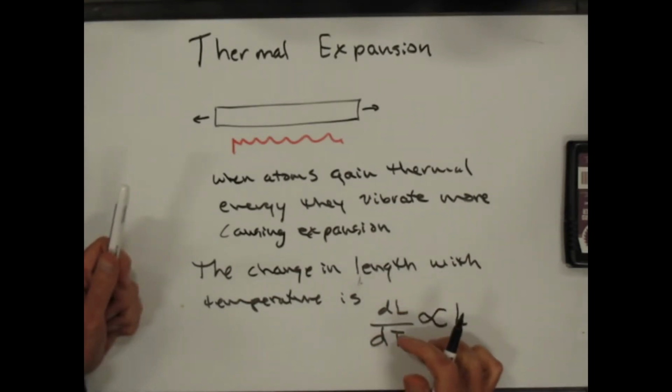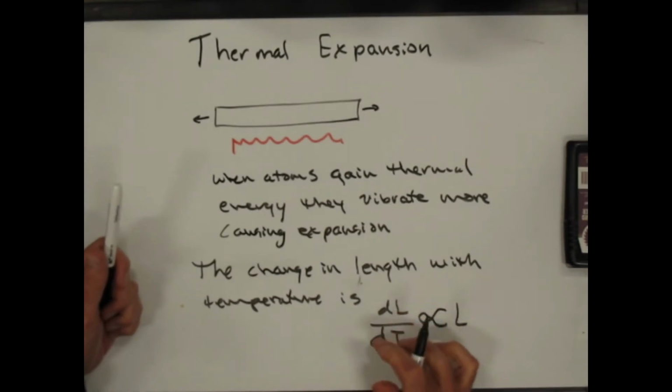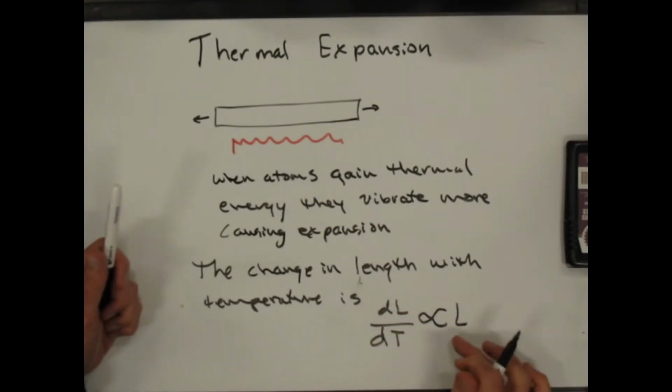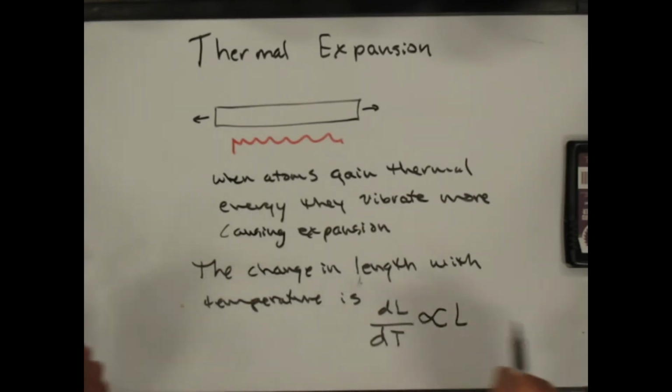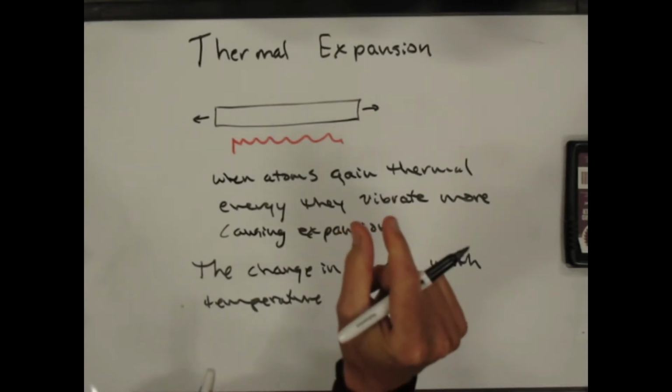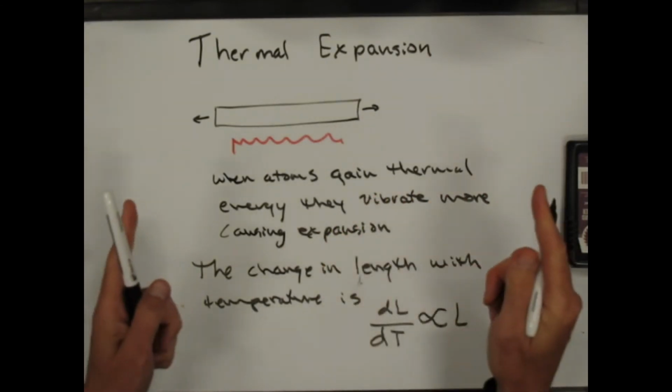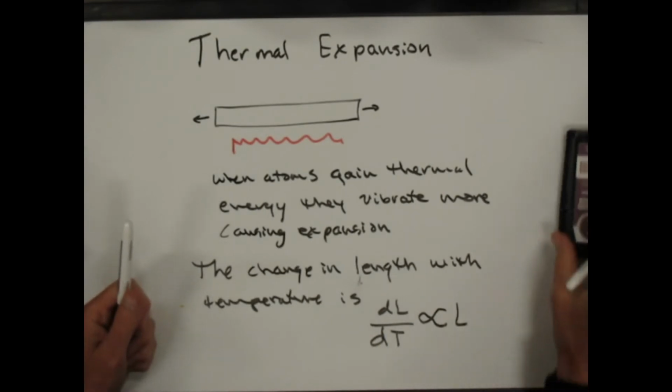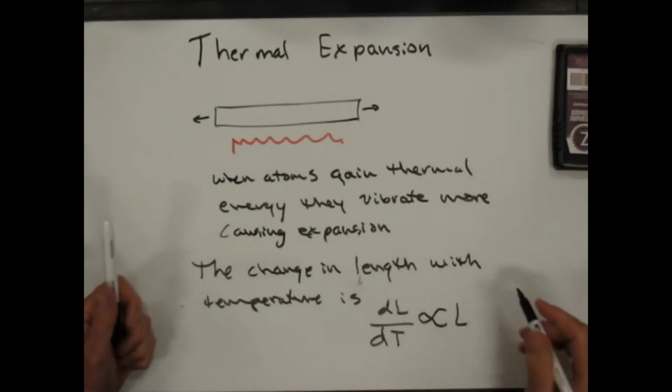This is dL/dT, the change in length with respect to a change in temperature, is proportional to how long it is. Hopefully this makes common sense. How much expansion you get depends on how long the object is. An object that's really short isn't going to have much expansion. An object that's really long is going to have more expansion, assuming they're made out of the same material.